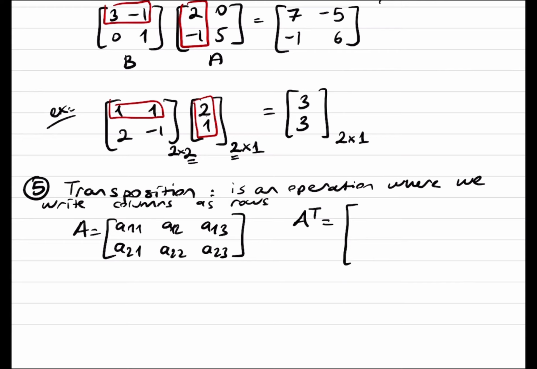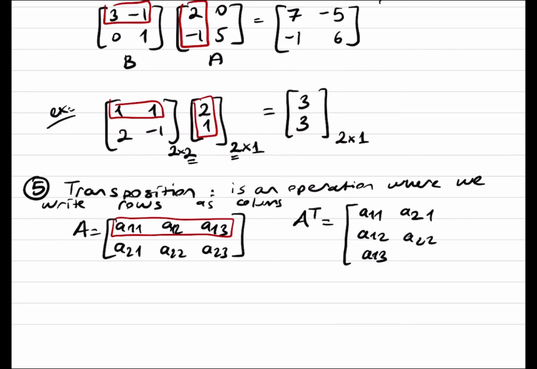What we are doing is writing rows as columns. Maybe that is better. So we write rows as columns. We have this row, and then we write it as a column: A11, A12, A13, and the second row is going to be the second column, A22, A23.